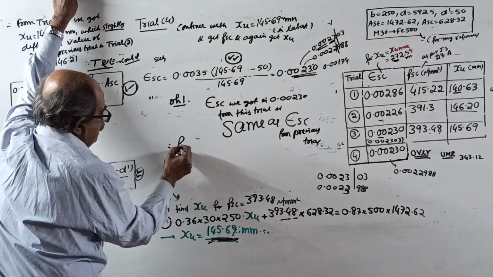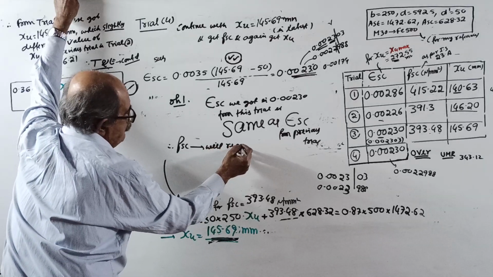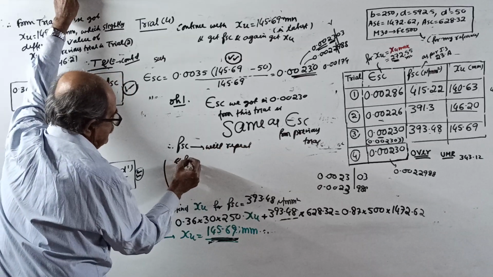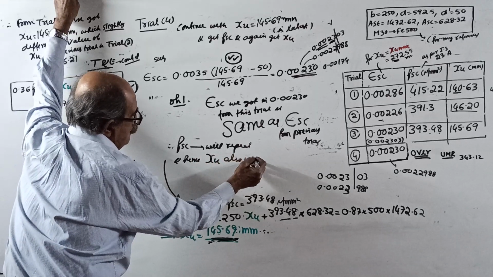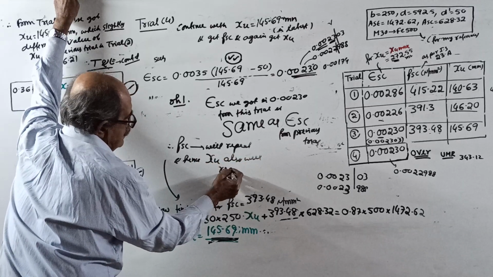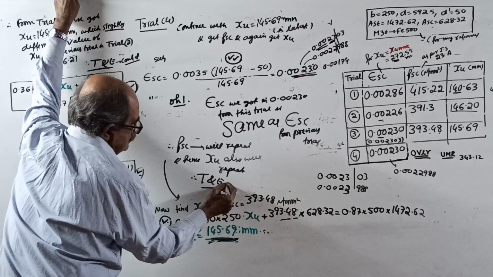Therefore, fsc will repeat, and hence xu also will repeat. Therefore, trial and error stop here.